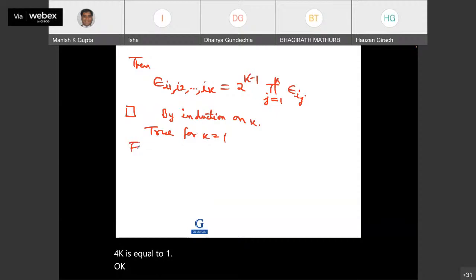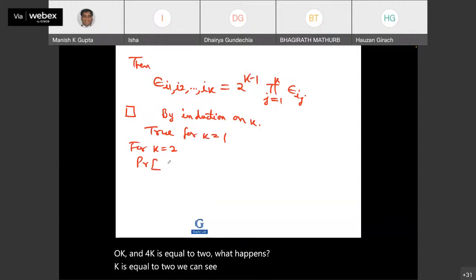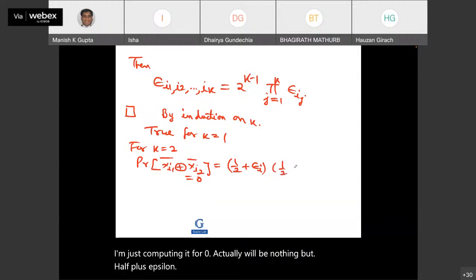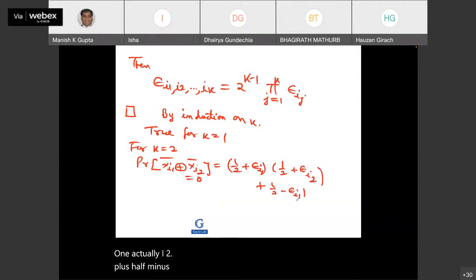And for k equal to 2, what happens? We can see that the probability of Xi1 exclusive or Xi2 equal to 0 is nothing but (half plus epsilon i1) times (half plus epsilon i2), plus (half minus epsilon i1) times (half minus epsilon i2).